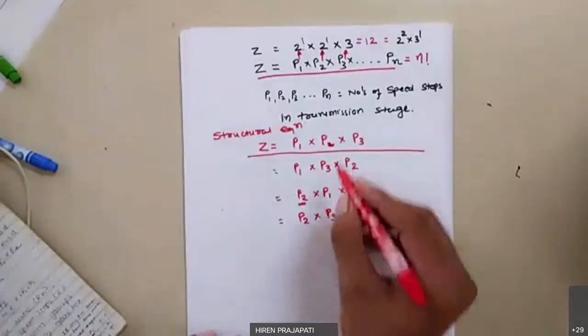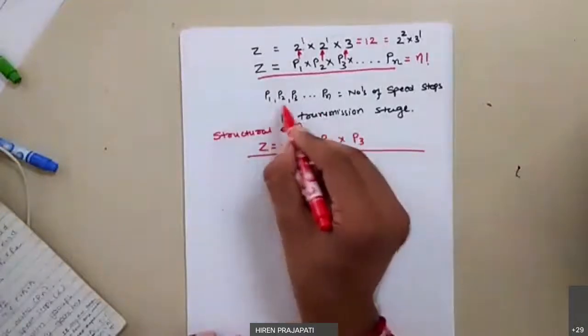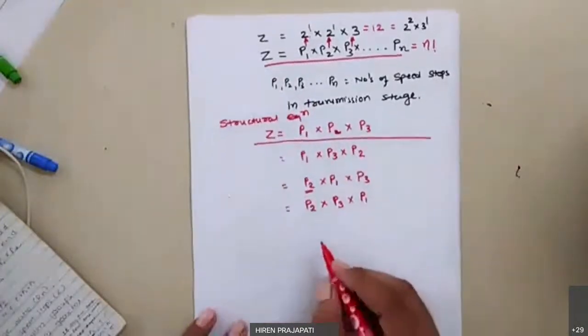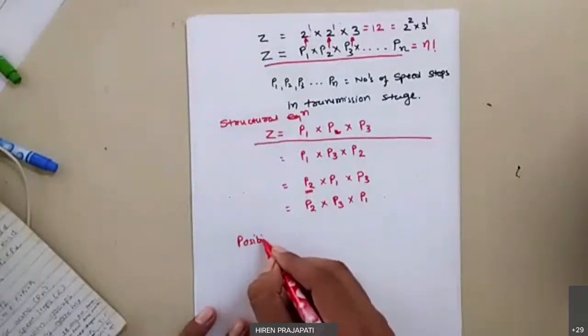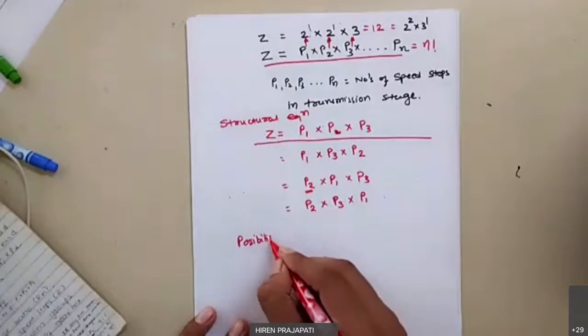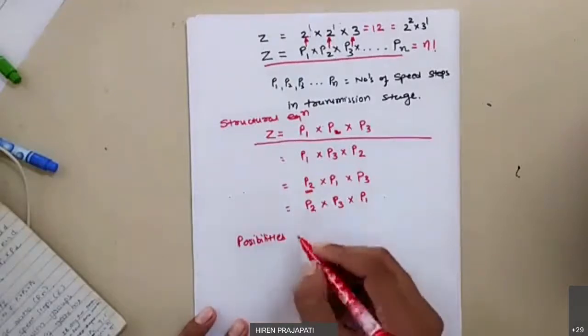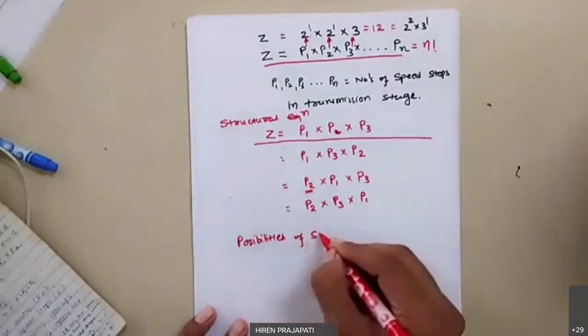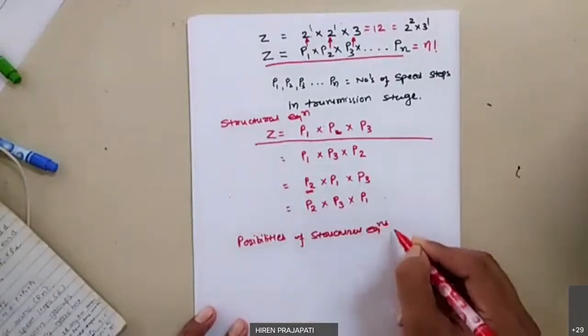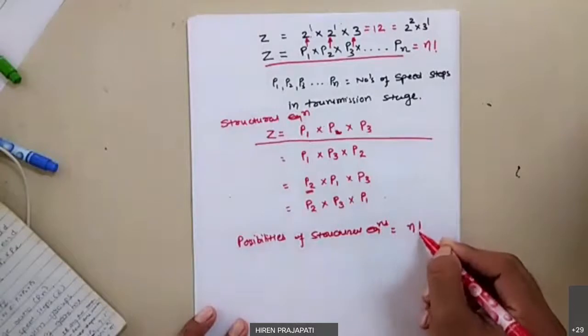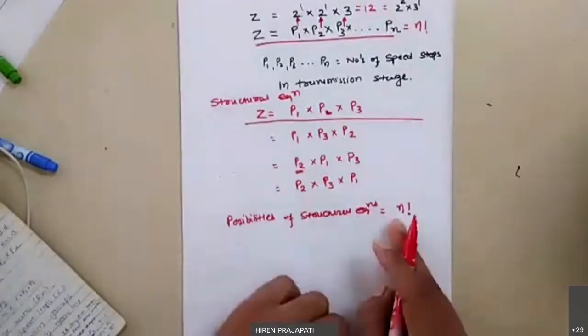In general, if you have P1 to Pn, then the total possibilities of structural equations are n factorial.